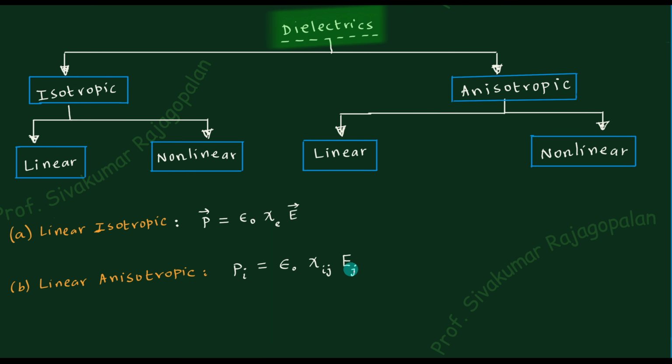That means electric field first component, second component, third component, which are respectively the XYZ components of the electric field, and therefore the information about the vector is automatically taken care of when you're writing in the tensor notation, namely the suffix notation. And similarly, this represents the three components of the polarization vector. So this equation is actually representing one component. So you have to write down this expression three times. One for the first component, another for the second component, etc. That is how you write it down.